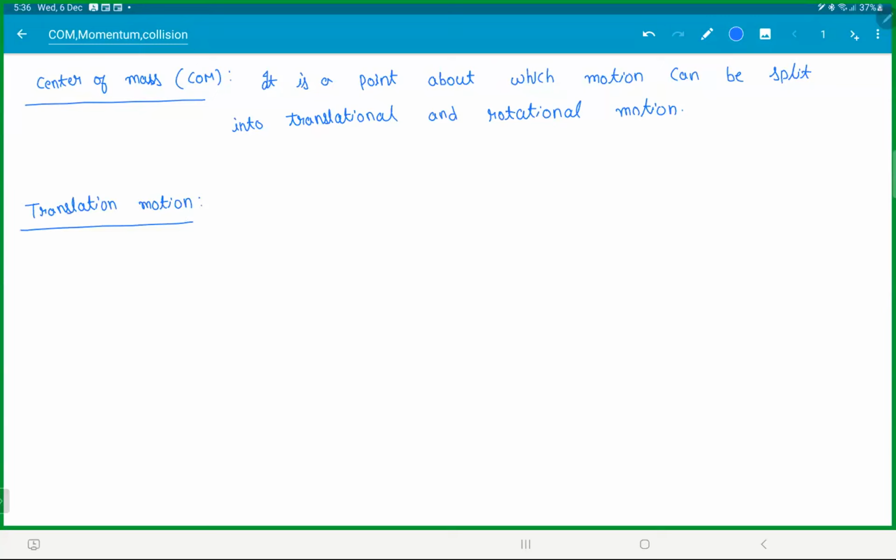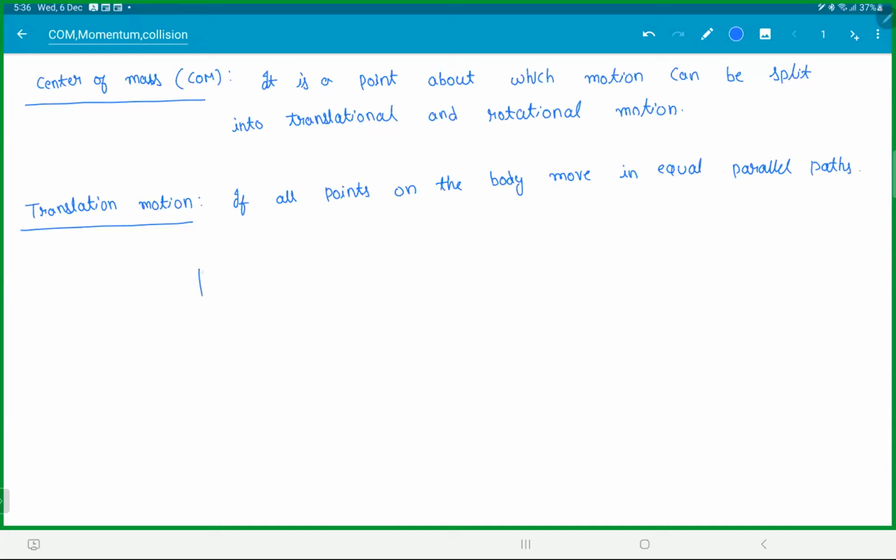So how do we define it? If all points on the body move in equal, parallel paths, the body is said to be in translation.